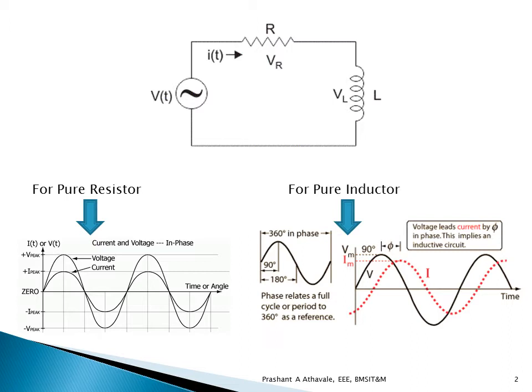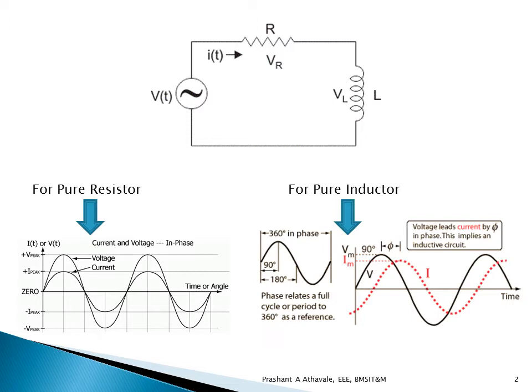They will reach their zero values also simultaneously, and they will cross the zero mark into either the positive half or the negative half simultaneously. So it means that the current and voltage are in phase. This is applicable for a pure resistor.